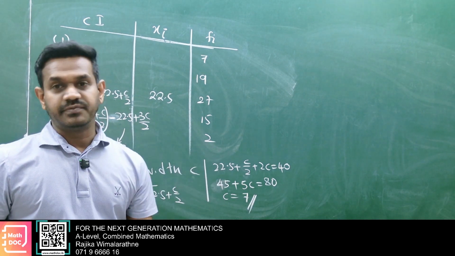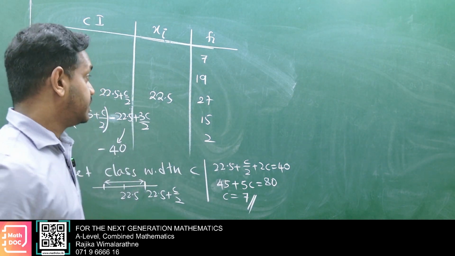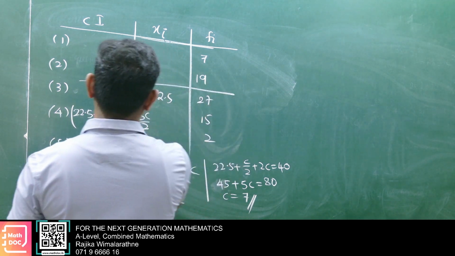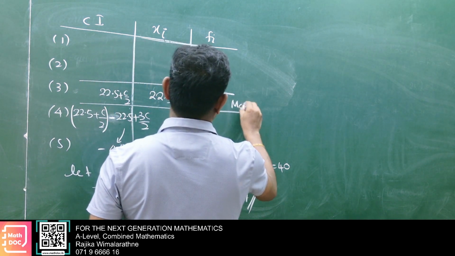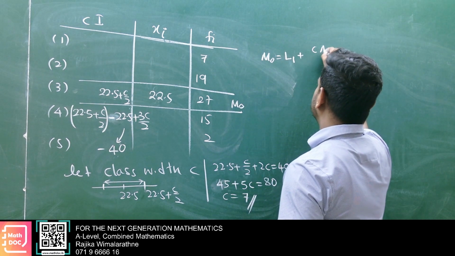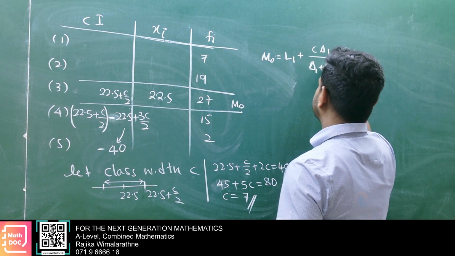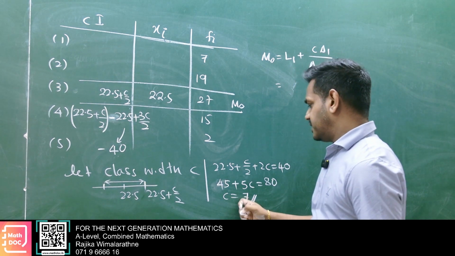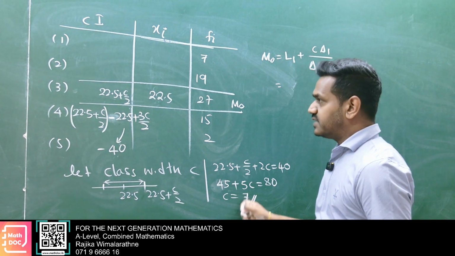Calculate the mode of the distribution. Now here this is the modal class, the highest frequency class. Then mode equals L1 plus C times delta 1 over delta 1 plus delta 2. Class width 7.